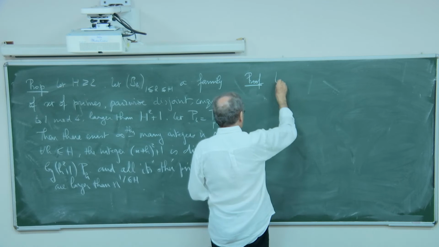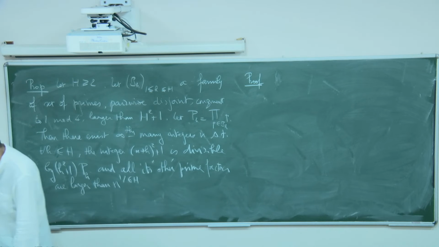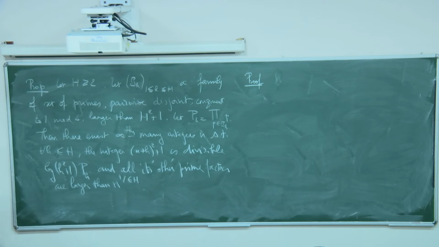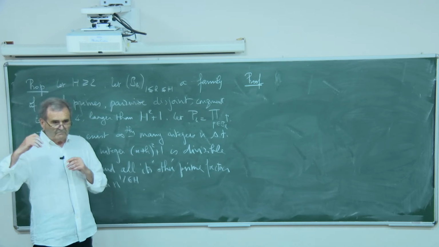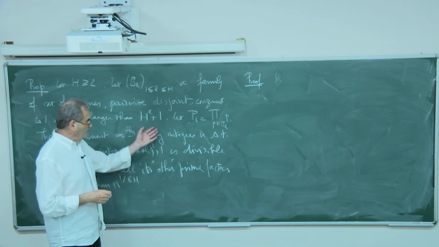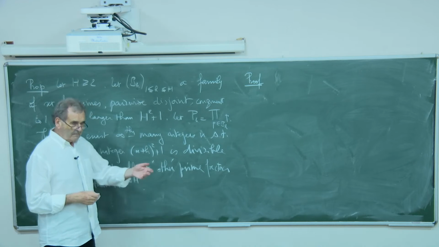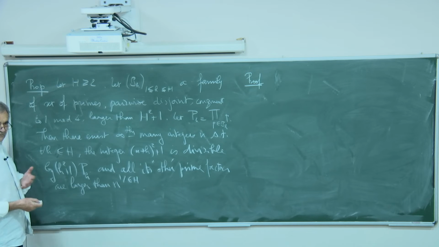There is something I would like to say. Life would be nice if we could forget about it and say I take a family of primes such that m squared plus 1 is divisible by some prime, and besides those only large ones. The same thing for m squared plus 2 and so on.